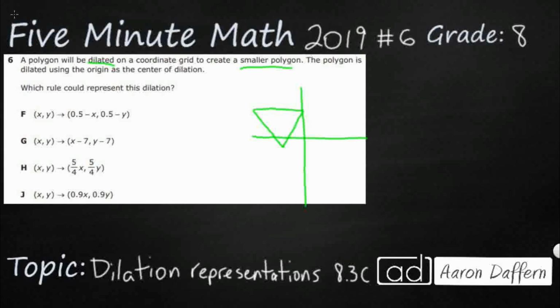All right, so what are we going to do here with these options here? Well, look at this one right here. We've got 0.5, so that's probably going to make something smaller, we think. But look at this. We've got negative x and negative y. So what actually happens? Well, if you wanted to, you could create some points here.